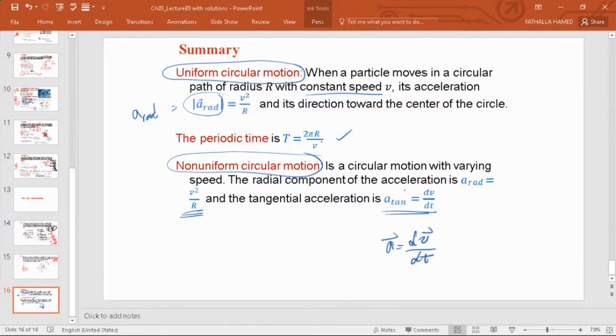Look here, I'm not using arrows, so I'm only interested in the magnitude. Okay. Is this clear? Any questions so far? We'll deal more in chapter 5 when we talk about Newton's laws and forces and so on. We'll visit again uniform and non-uniform circular motion when we deal with forces as well. But I want you to understand this now here. Is it clear? Good.